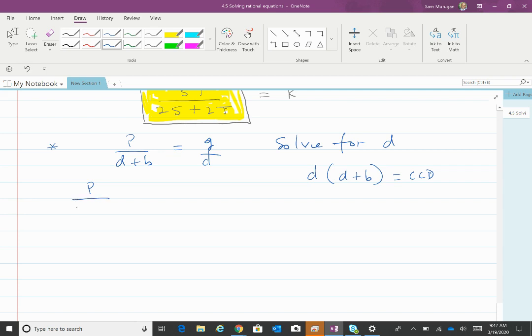P over D plus B times D times D plus B is equal to G over D times D times D plus B. D plus B cancels out, D cancels out, and that leaves us with PD equals G times D plus B.